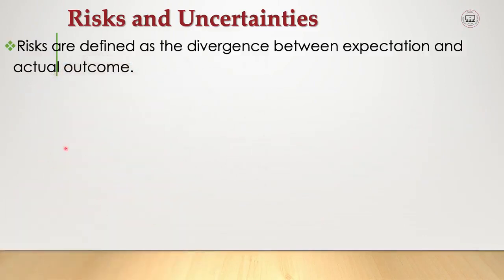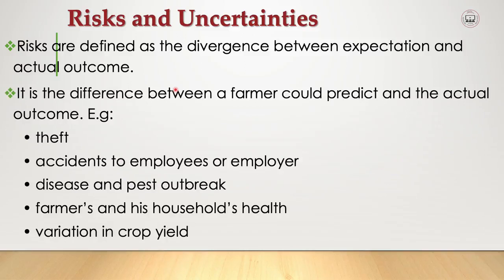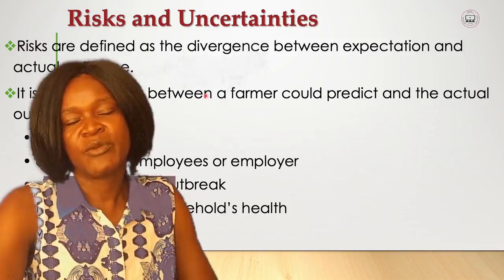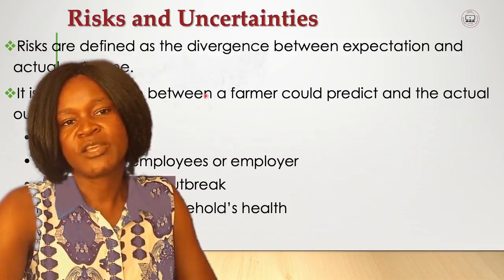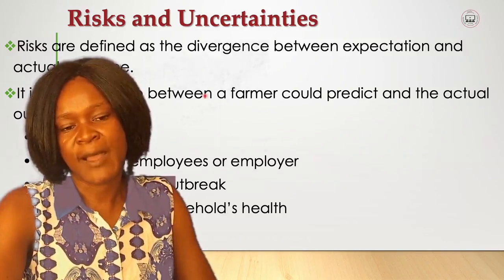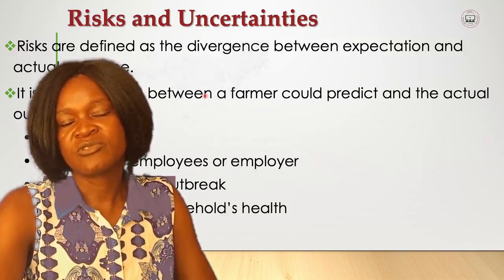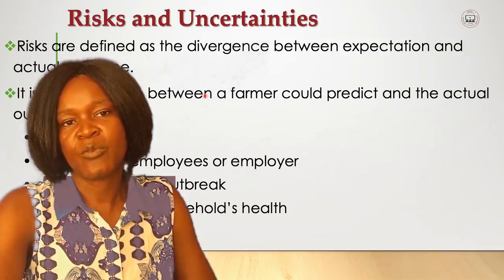We can define risk as the divergence between expectation and actual outcome, or the difference between what a farmer could predict and the actual outcome. When you are preparing the budget, you predict how much you are expecting to get from the farm, but what you actually get from the farm might differ.